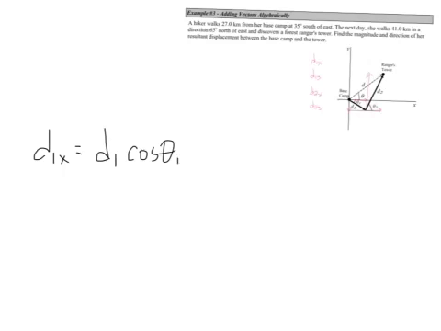Our expression for D1y is opposite that 35-degree angle, because we can slide that D1y over to be opposite it. So D1y is going to be D1 sine theta 1.